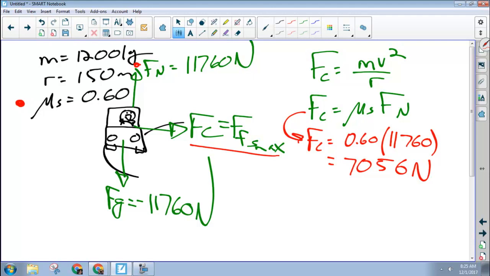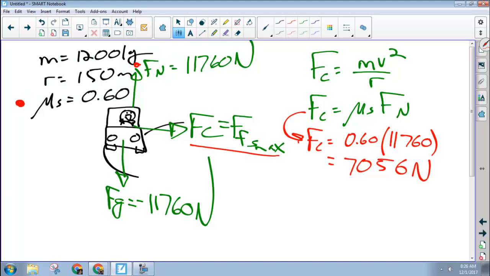And I kept saying to you, no, no, no, those are the same force. The elevator provides the normal force, right? Same idea here. Static friction provides the centripetal force. So they're literally the same force. Good? Okay. All right, so there's my centripetal force.